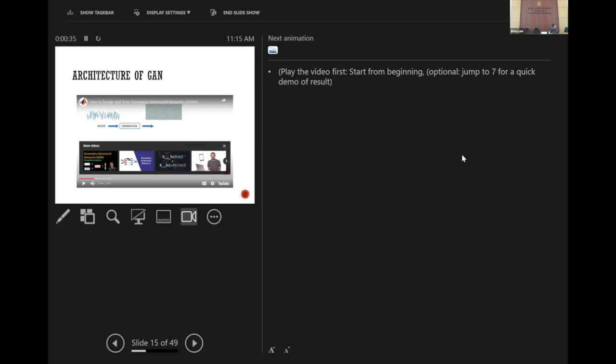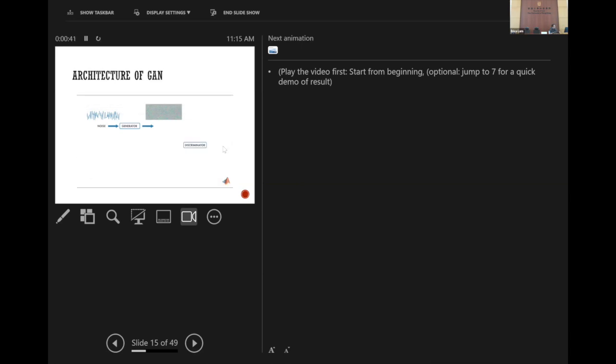So let me just try it anyway. A generative adversarial network is composed of two neural networks, right? There's the generator and the discriminator.